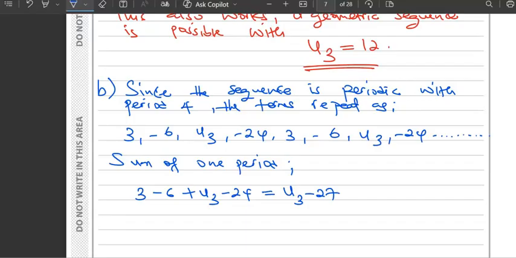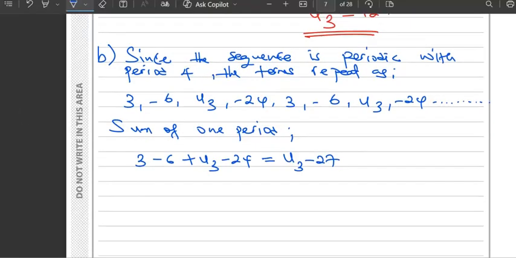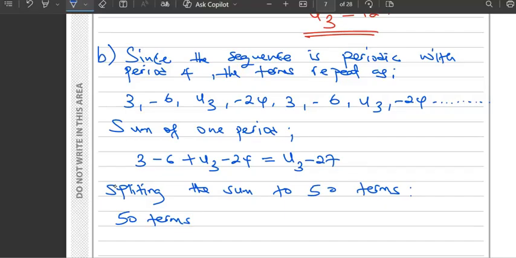Now, what we can do at this level, we can split the sum to 50 terms. That is, out of the 50 terms, how many complete periods do we have? We know that 50 terms is equivalent to how many periods of 4 are there?